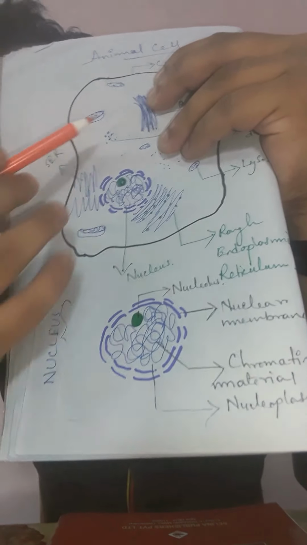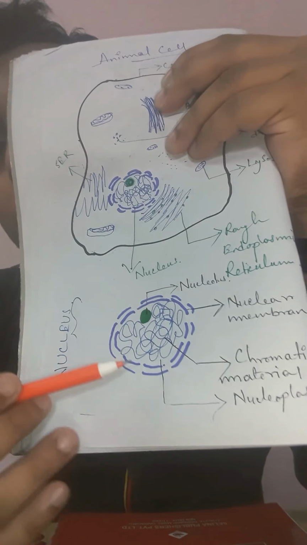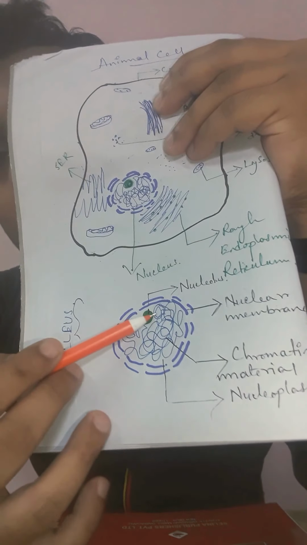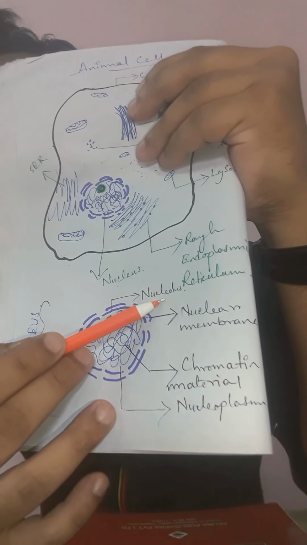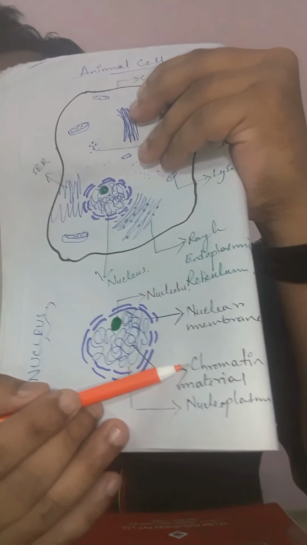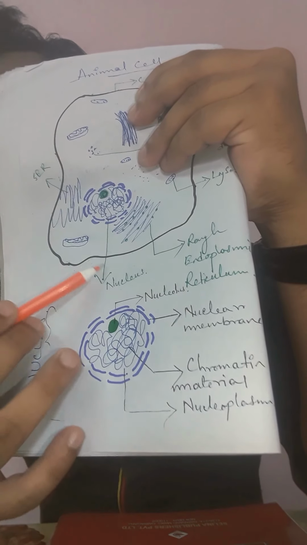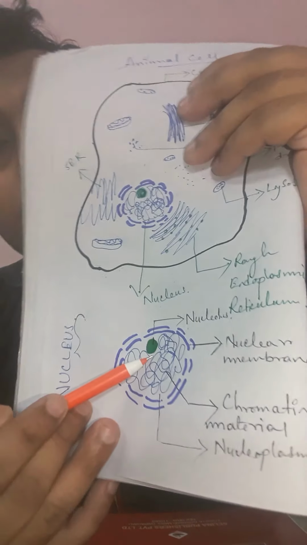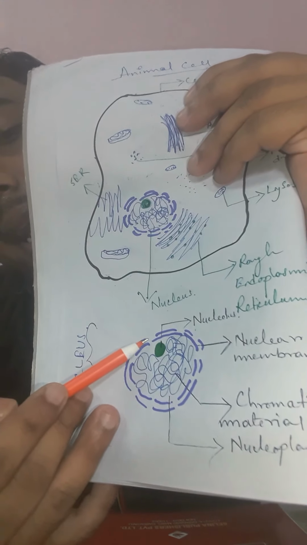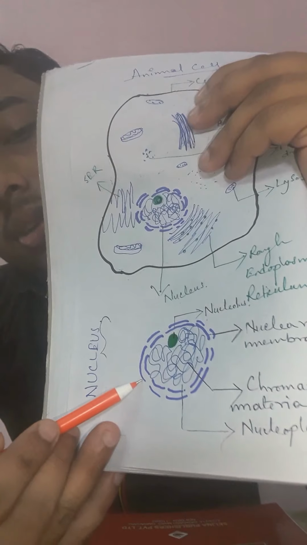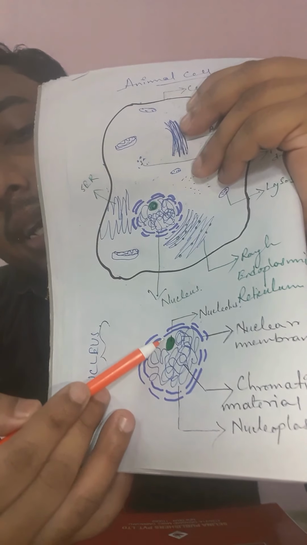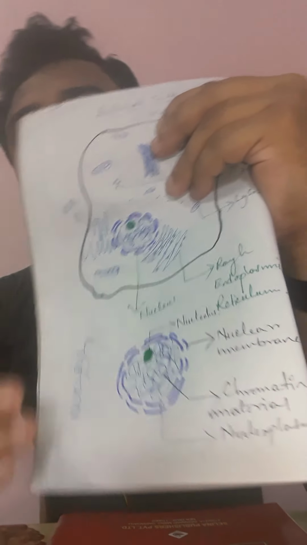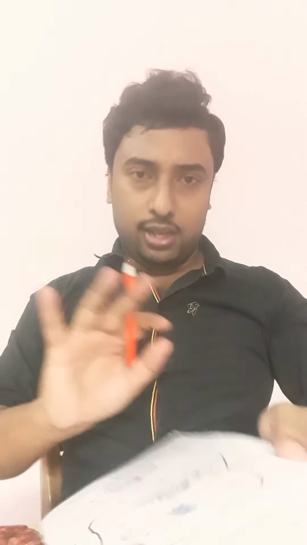Just like within the cell the liquid is cytoplasm, within the nucleus the liquid is nucleoplasm. So these are the different parts: nuclear membrane, chromatin material, nucleoplasm, and nucleolus. And here are also nucleopores. That is the structure of nucleus.